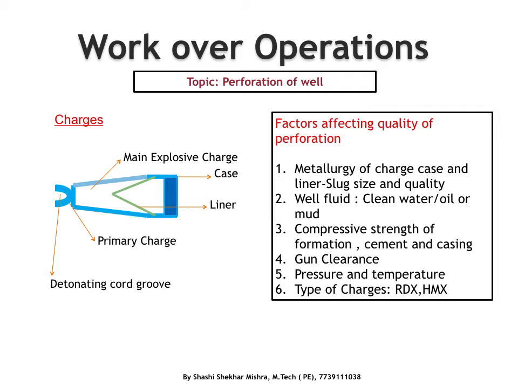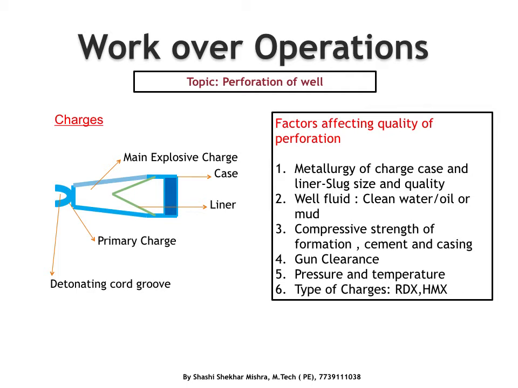Then comes the gun clearance. When we run the gun in the well, it is not always in the center or equidistant from all sides of the casing. If the gun is touching the casing, there is zero clearance, and at that point it will have the maximum penetration, but at the same time it is far away from the other side, where the penetration will be poor.